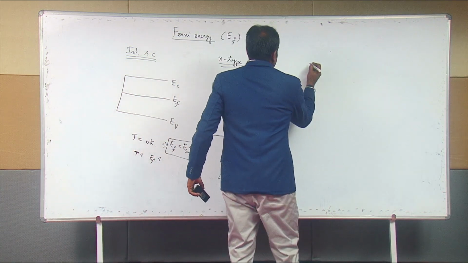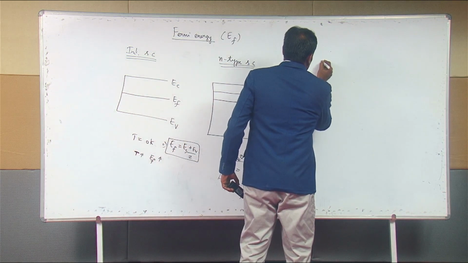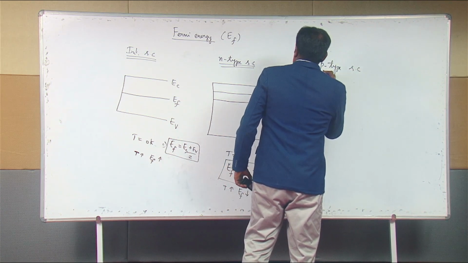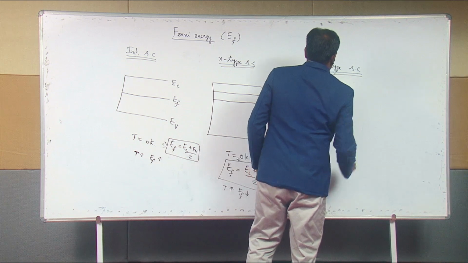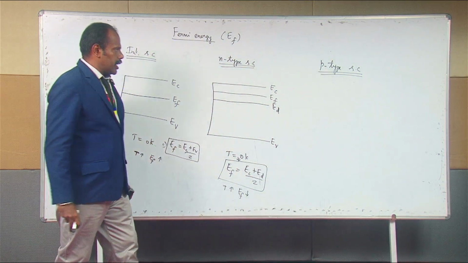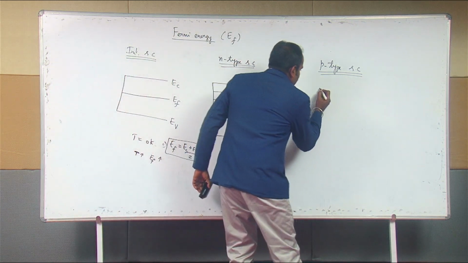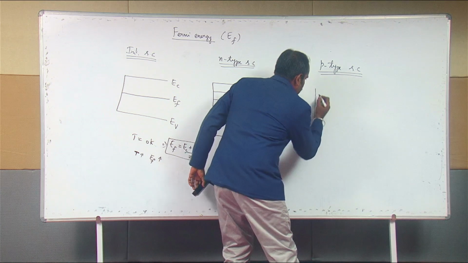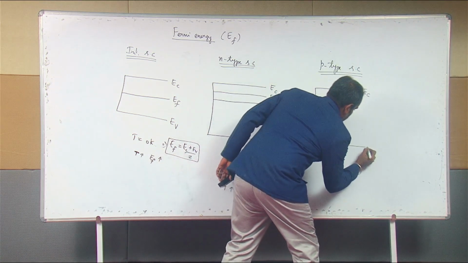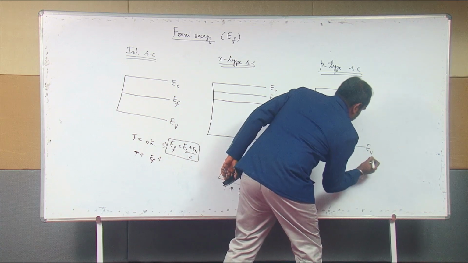Now, let us discuss the p-type semiconductor. If we take the p-type semiconductor, what are the energy levels involved? One is the conduction band and the other one is the valence band.